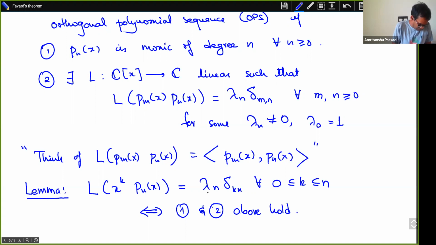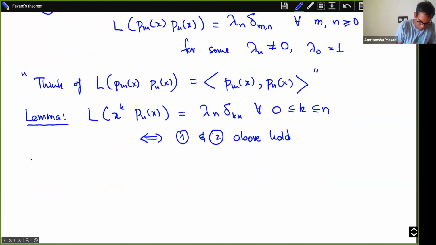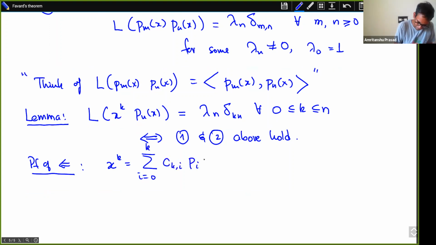Let's prove that 1 and 2 hold implies the first condition. So in that situation, what we have is that we can write x^k as the summation i goes from 0 to k, p_{ki} P_i, with p_{kk} equal to 1, because these are monic.